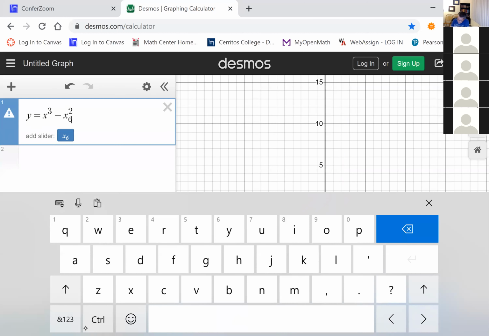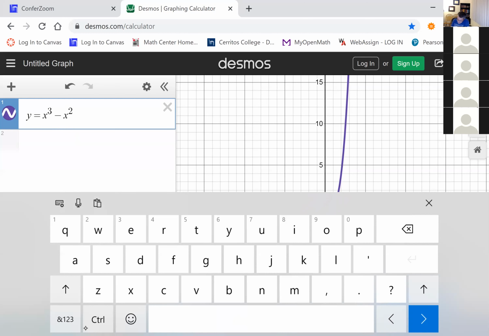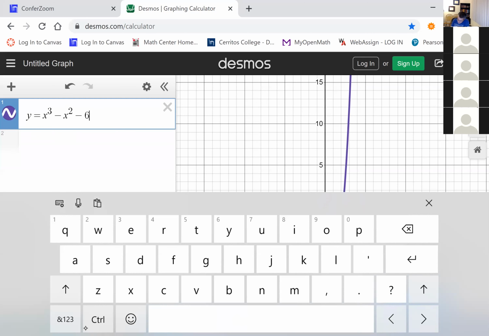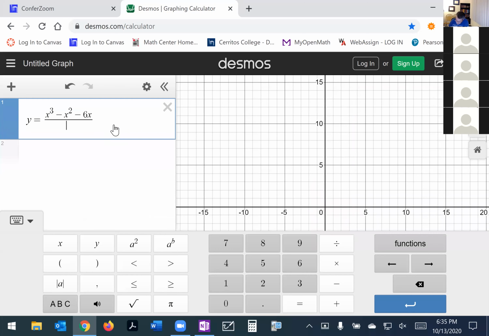Why does it keep doing this? Stop. Minus 6x. Okay, now all of that over. Highlight all of that and hit divided by.